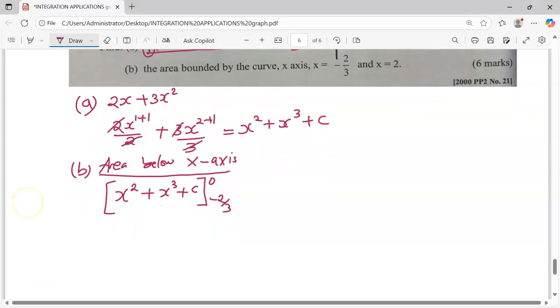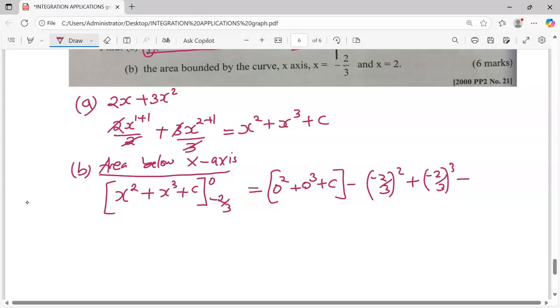if we substitute the maximum value of x, remember x is 0, so we are going to have 0 squared plus 0 cubed plus c, minus, we are going to have negative 2/3 squared, plus negative 2/3 cubed plus c. Remember, c and c will cancel.